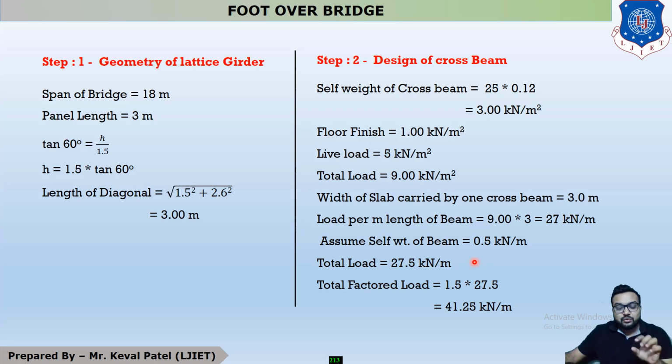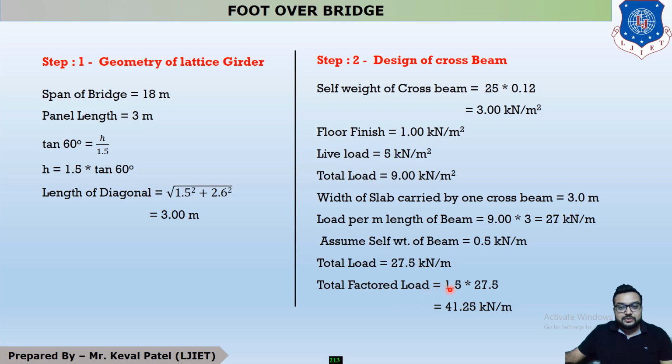Now this total load is your unfactored load, and you all know that whenever you have to design any structural member, you have to design for factored load only. So now we have to find out the total factored load. The equation of total factored load is unfactored load into factor of safety.